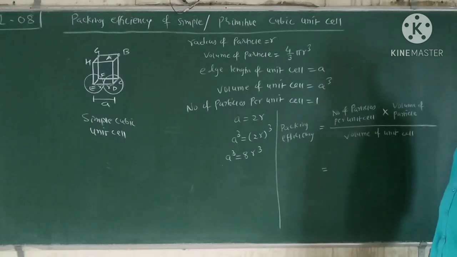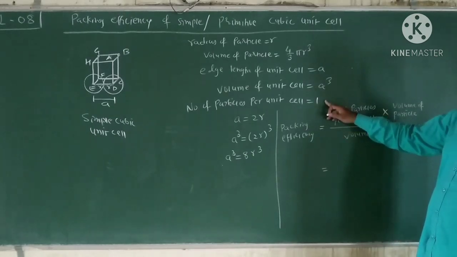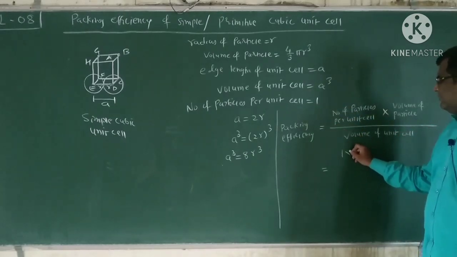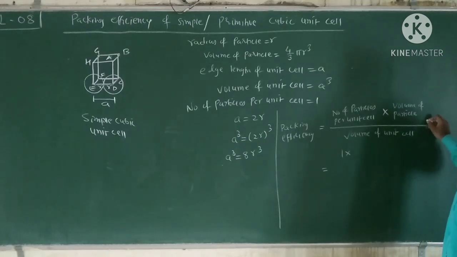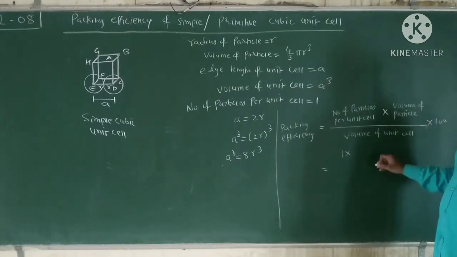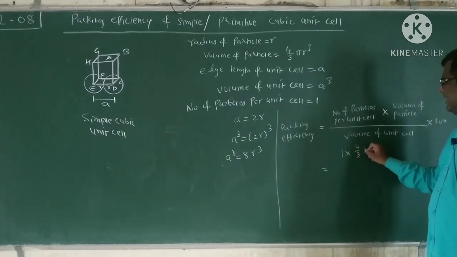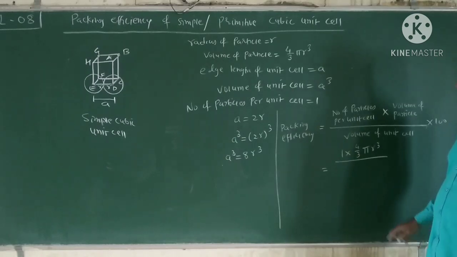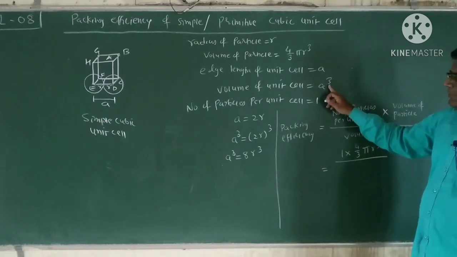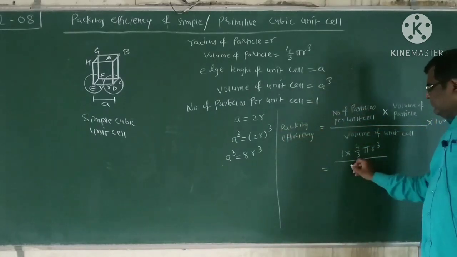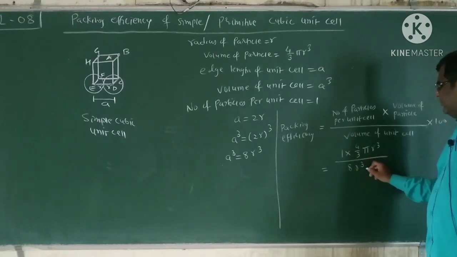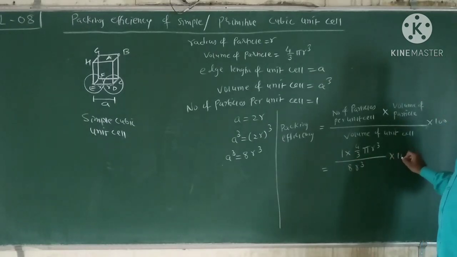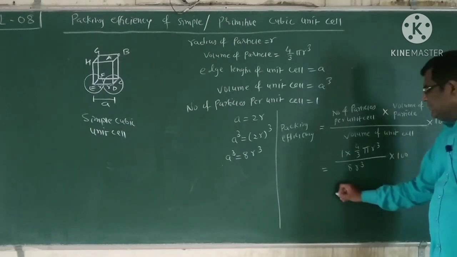Number of particles per unit cell, as it is a simple cubic unit cell, is 1, and of course multiplied by 100. Volume of particle is 4 by 3 pi r cube, because particles are spherical. Volume of unit cell is A cube, and A cube is 8r cube, and this multiplied by 100.